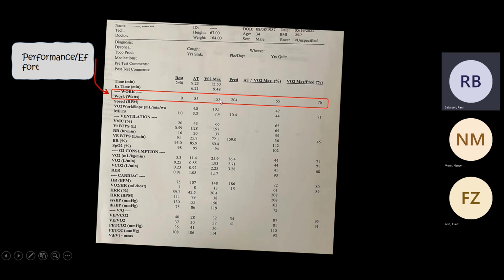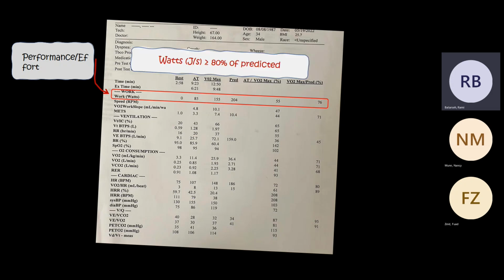If you look here, at VO2 max, the maximum watts is 155. So we take the 155 divided by 204 and see what the percentage is. Normally we are looking for at least 80%. So if the patient reaches 80% of the predicted watts, that's a good performance.